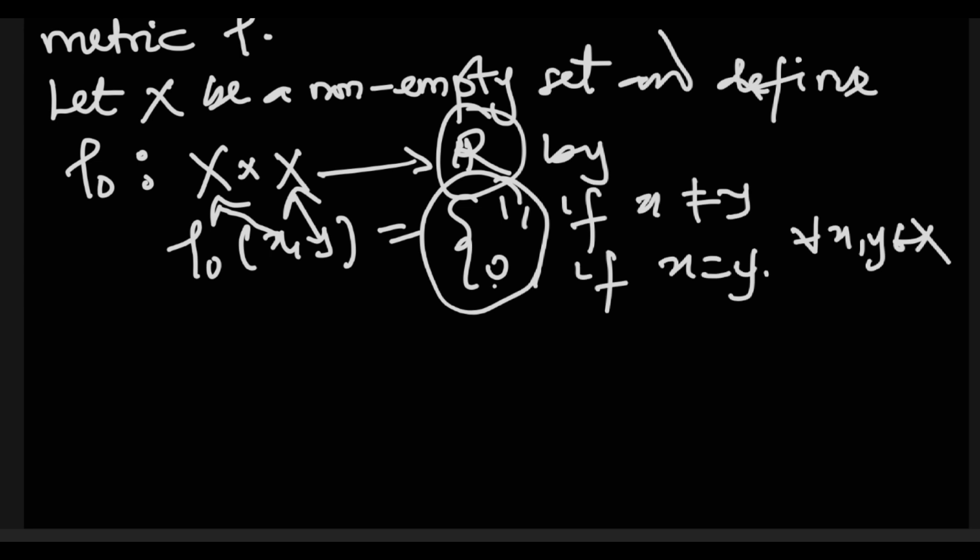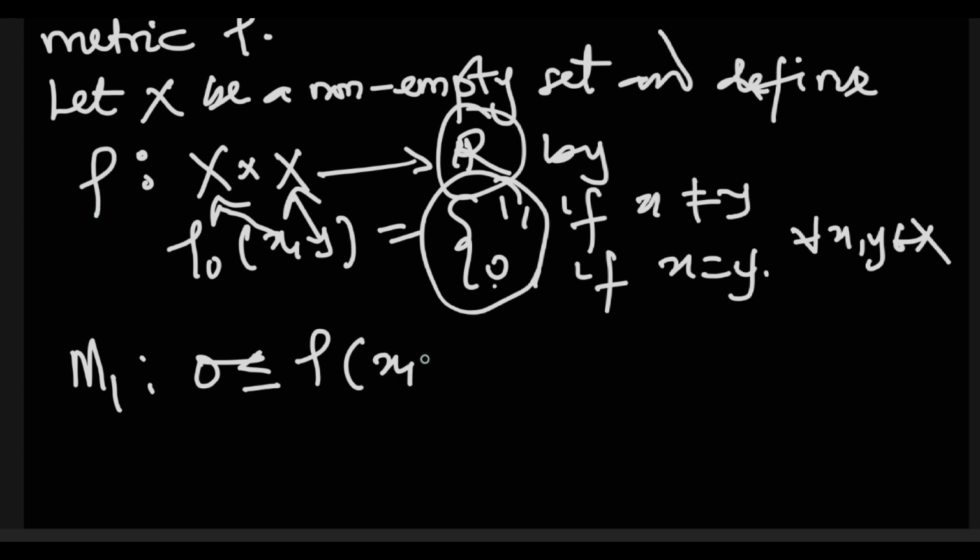So let's prove this. Remember, we need to prove 4 things. The first one will be: 0 less than or equal to rho xy less than infinity. When you observe the given output, you can see that the two values for rho xy are 0 and 1.